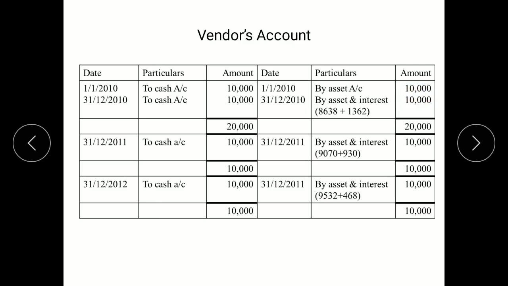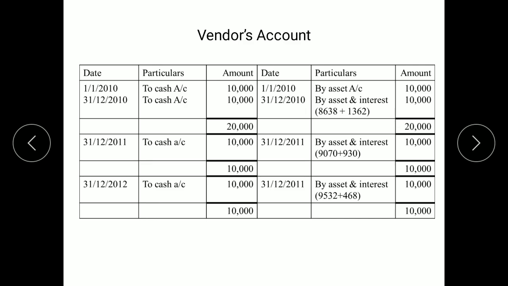Once the advance is due, this advance is paid to the vendor. So again on 1st January 2010, to cash account 10,000, meaning the advance paid to the hire vendor. Next, at the end of the first year, the entry again will come on the credit side. On 31st December 2010 by asset and interest account, for the installment amount which is due.